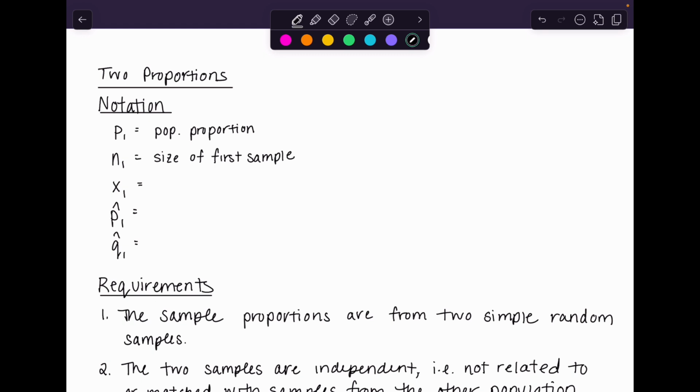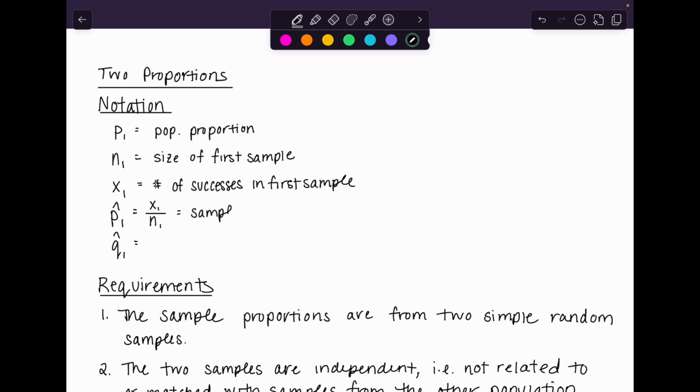x1 is the number of successes in the first sample. And then p hat 1 is that sample proportion, where you take the number of successes from the first sample and divide by the sample size.